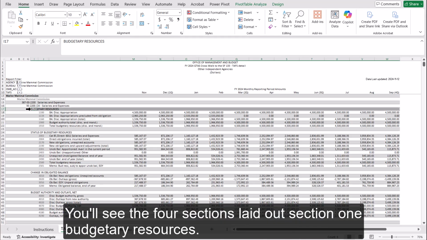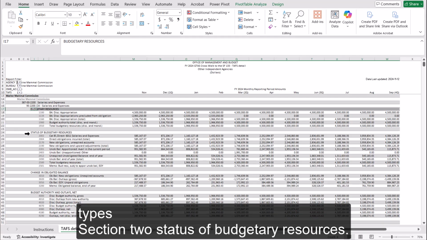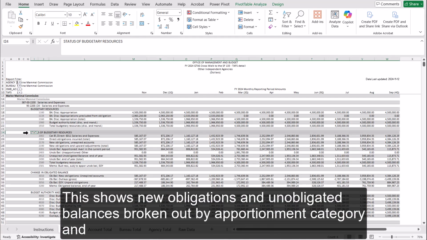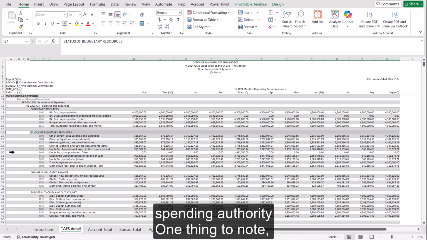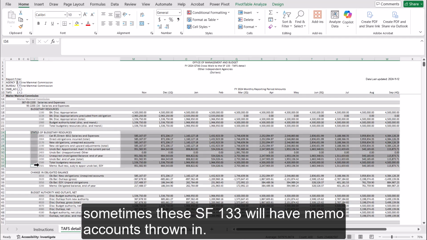Section 1, Budgetary Resources. In this example, you can see the appropriations broken out by various types. Section 2, Status of Budgetary Resources. This shows new obligations and unobligated balances broken out by apportionment category and spending authority. One thing to note, sometimes these SF-133s will have memo accounts thrown in.